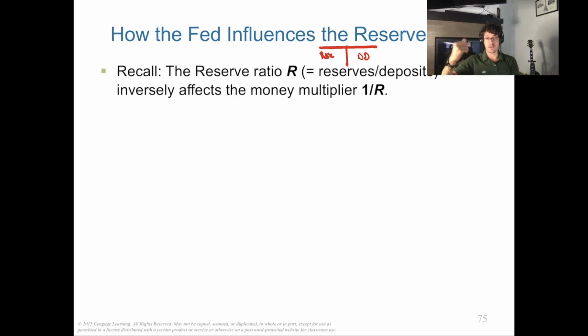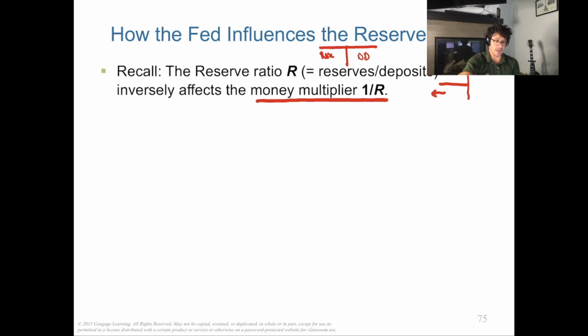And of course, we recall that the reserve ratio is inversely related to the money multiplier. The more banks want to lend, the higher the money multiplier.